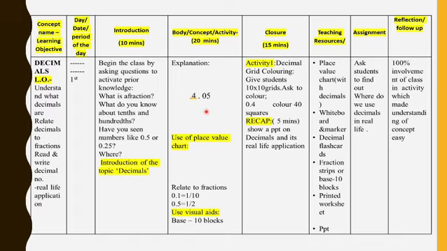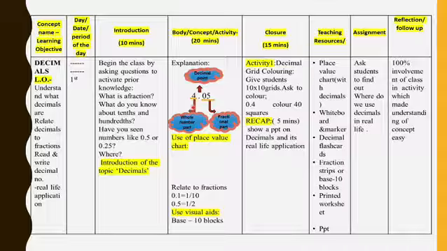That is, 4 is the whole number part, 0.5 is your fractional part, and 4.5 is your decimal, and the point is your decimal point, which separates your whole number from your fractional part.